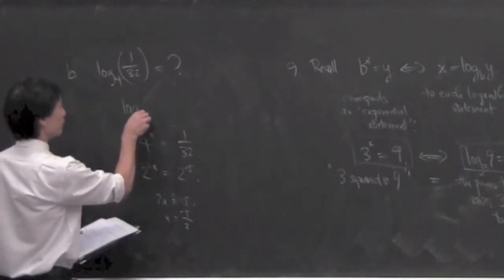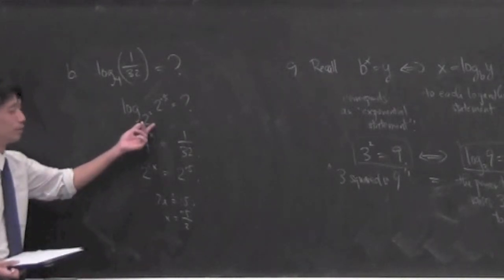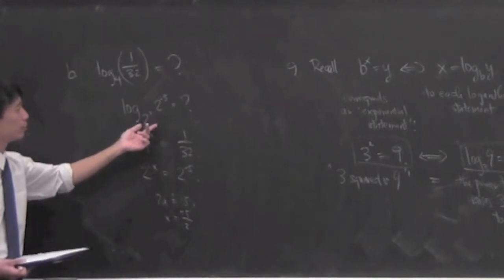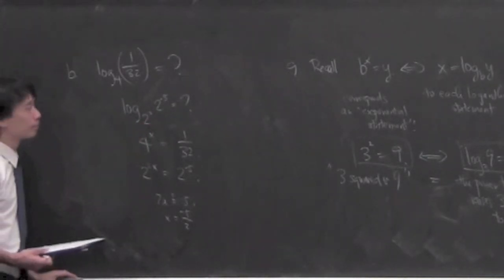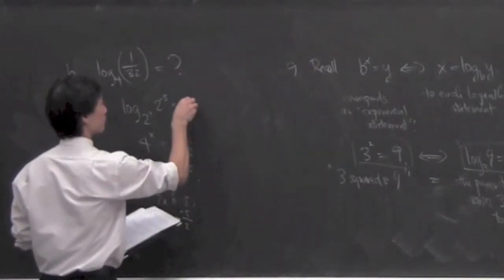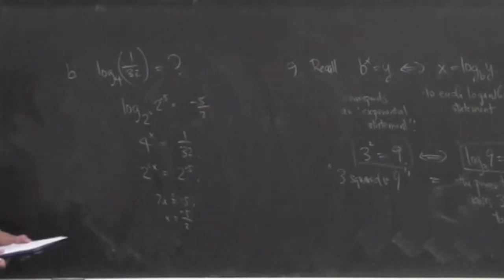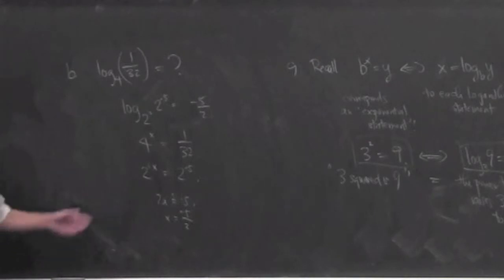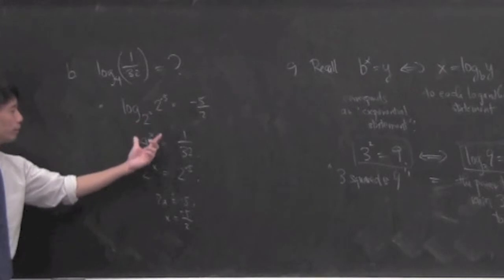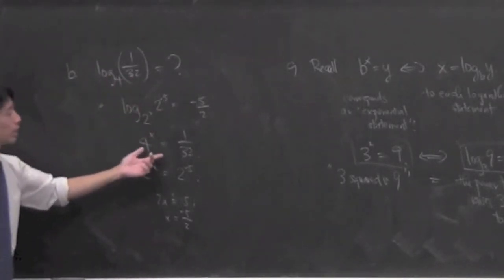Right. So you can write it like this if you felt like. What power do you raise 2 squared to get 2 to the negative 5? Well, it's clearly negative 5 over 2. So you can either do it this way and read it off, or you can switch, as Shelby did, the logarithmic statement to an exponential statement.